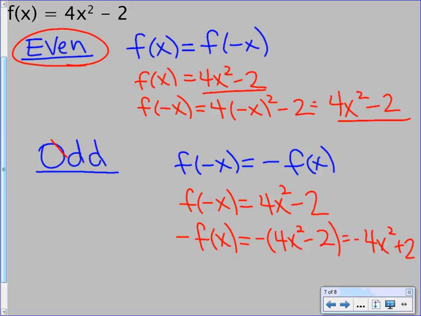Since those are not the same, it's not odd, but we knew that was going to be the case. I would still like you to practice showing both odd and even if you get one of them on the first try, so you can practice that function notation.